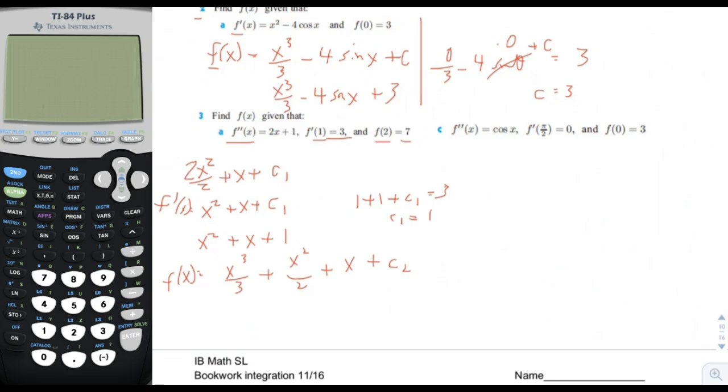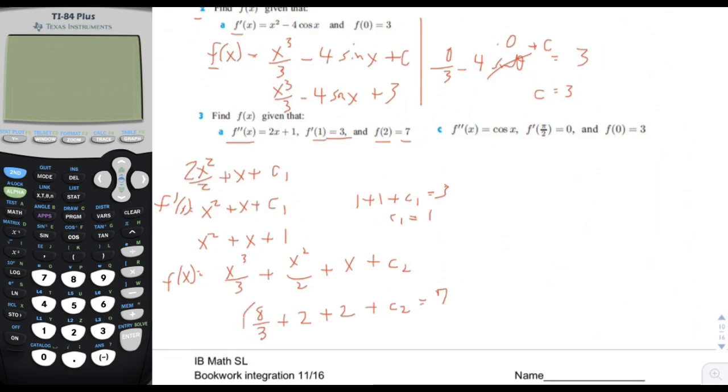And now we use this relationship here. If x is 2, then we can set that whole thing equal to 7. So 2 cubed is 8/3 plus 2 squared over 2 is 2 plus x equals 2 plus c2 is equal to 7.